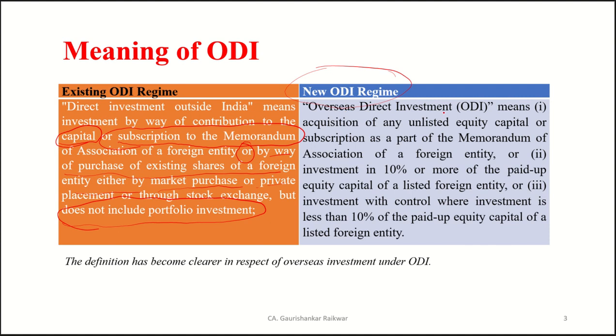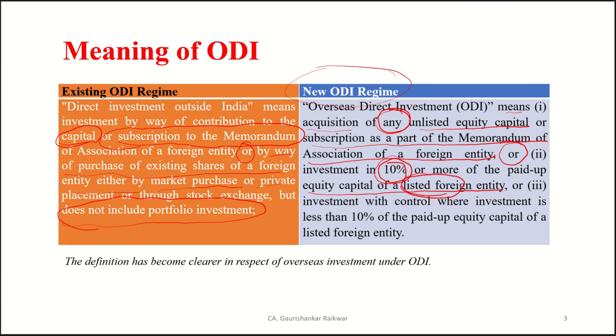So overseas direct investment means acquisition of any unlisted equity capital, or subscription as a part of the memorandum of association of a foreign entity. This is the first category. Or second, investment in 10% or more of the paid up equity capital of a listed foreign entity.